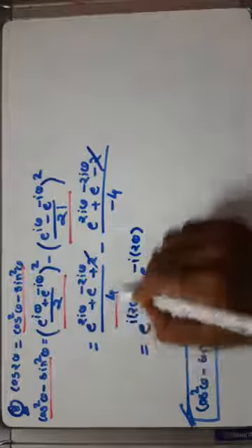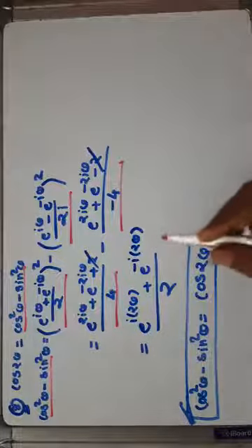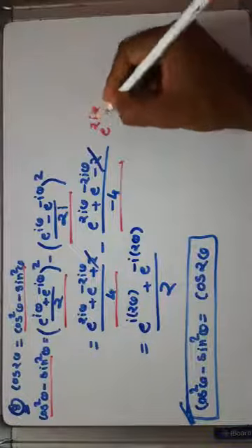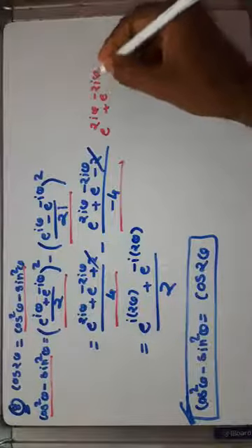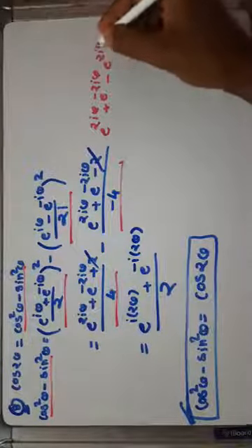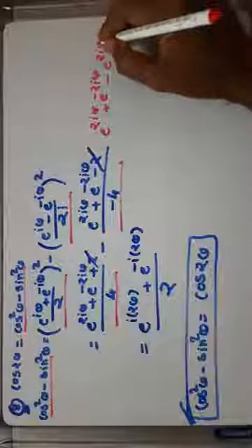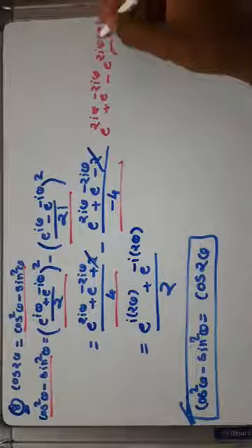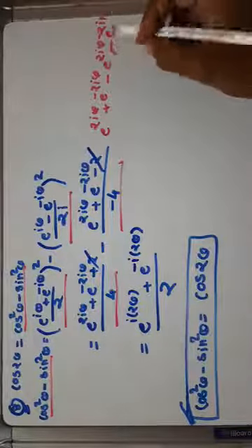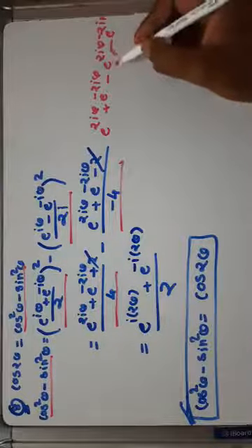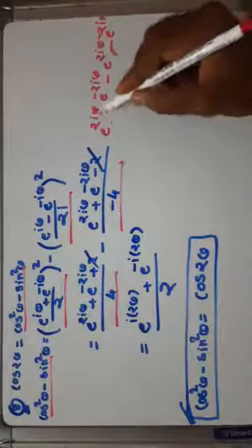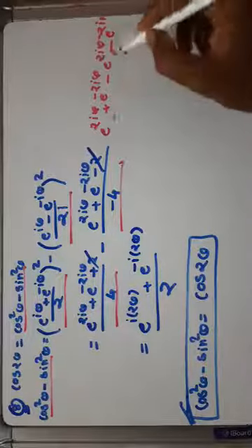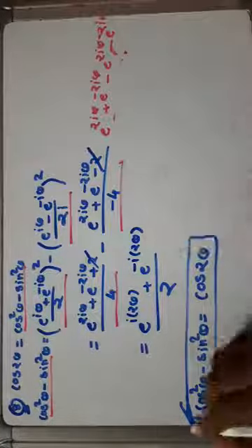We split this bracket, then after splitting, here e raised to 2i theta plus e raised to minus 2i theta minus e raised to 2i theta, plus again minus e raised to minus 2i theta, right? And after this we prove this property.